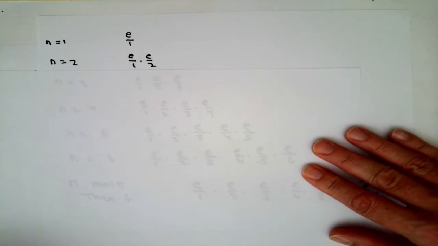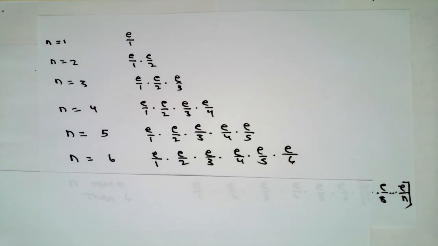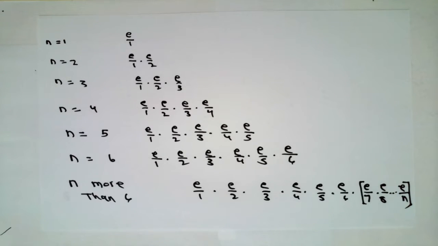When n is 3, you'll have 3 factors of e upstairs, and 1 times 2 times 3 downstairs. Likewise for n equal 4, n equal 5, n equals 6, and if you have an n value that's bigger than 6, I can certainly represent the situation this way.